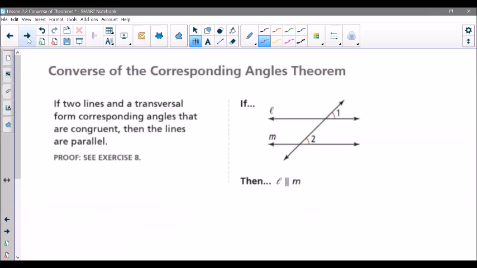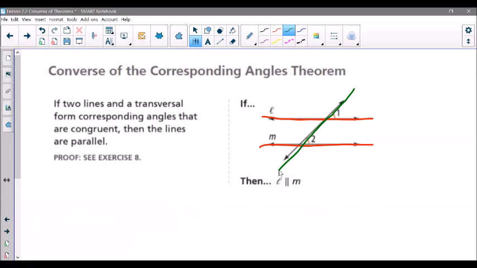Then same side with corresponding. L and M are two lines. We have that transversal and angle 1 and angle 2. If those two corresponding angles are congruent, then L and M are also parallel. Keep in mind corresponding had to do more or less with the location of where the angles are in reference to the parallel lines and the transversal.